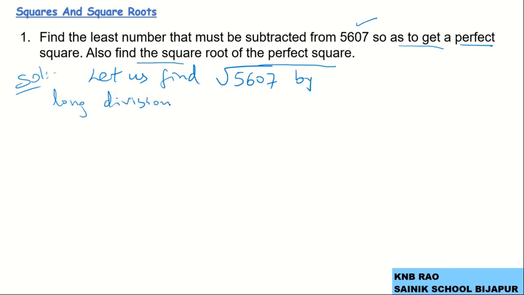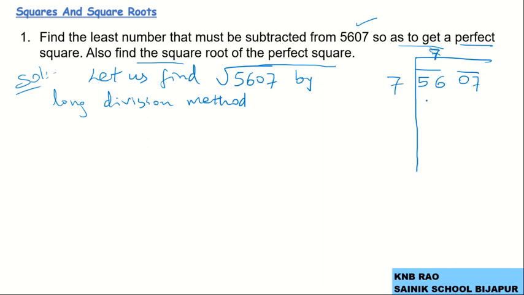In the long division method we find the square root of this number with the help of pairs of digits. Here, making pairs from the units end, 07 becomes the first pair, 56 becomes the second pair. The leftmost pair is 56. It is very close to the perfect square 49.